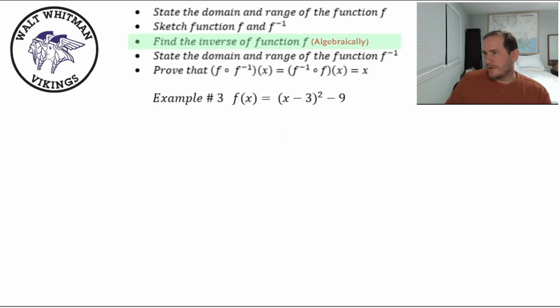So find the inverse of the function algebraically. Finding the inverse algebraically is just when you, f of x just means y, right? So we're going to interchange those variables. We're going to let the y variable become x, the x variable become y. And then you just solve for x. So we would add 9.